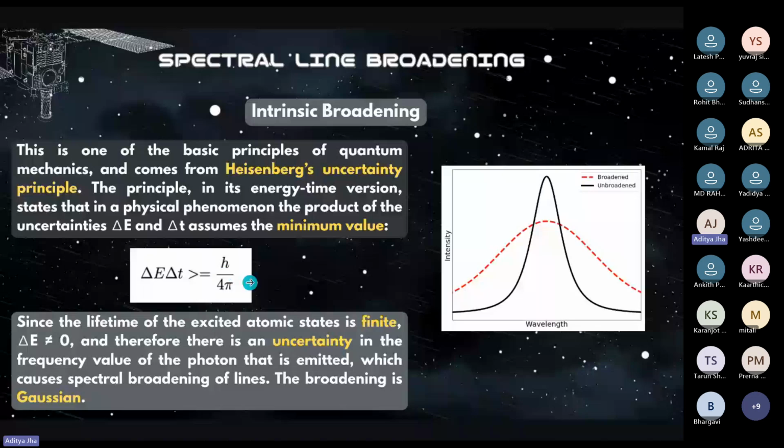Since the lifetime of these excited atomic states is finite, say an electron going from an excited atomic state to the ground state, the lifetime delta t will be finite, not zero. So delta E will also not be zero. Therefore there's an uncertainty in the energy and also the frequency of the photon that's emitted. Due to this, you won't receive just one particular wavelength, but a broad range of frequencies, and this uncertainty creates the spectral broadening of lines.